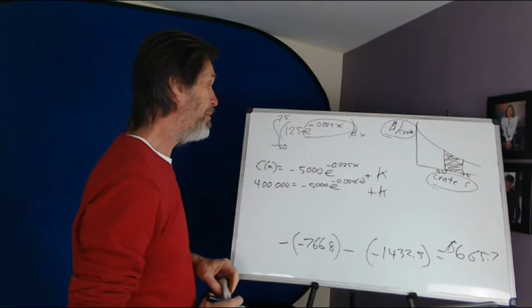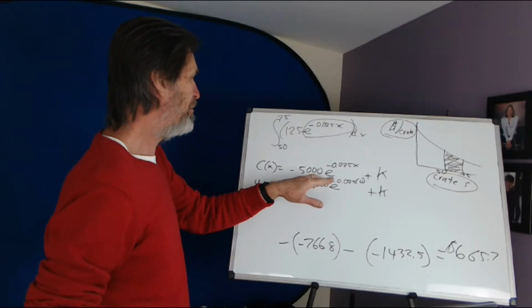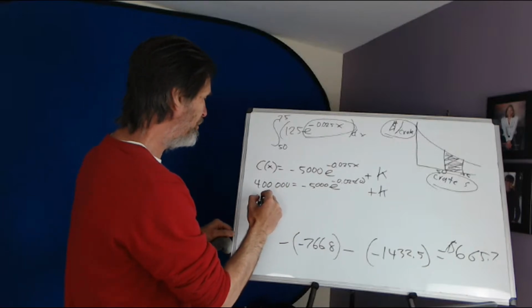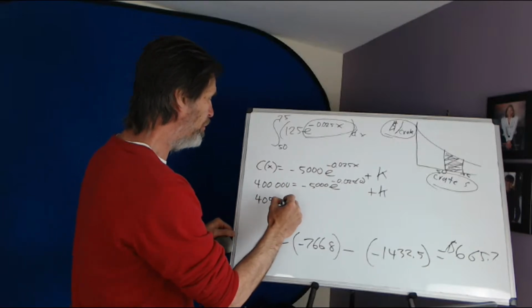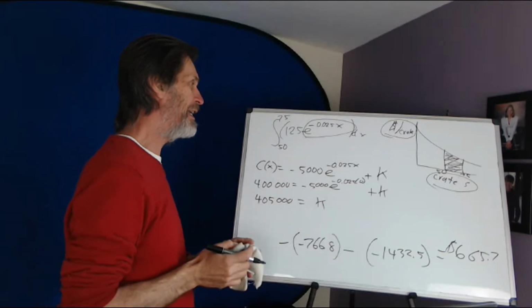Any number to the 0th power is 1, so this is 5,000. If I add 5,000 to both sides, this becomes 405,000. That's the value of k.